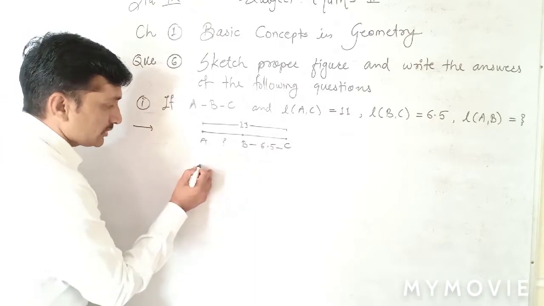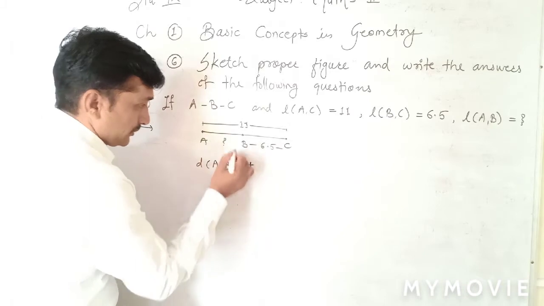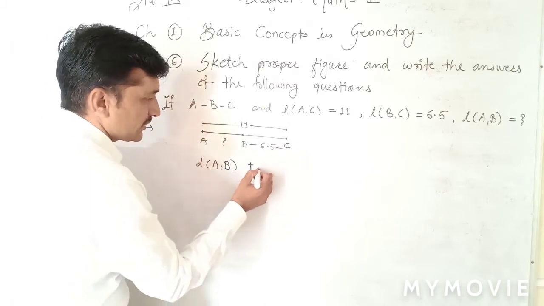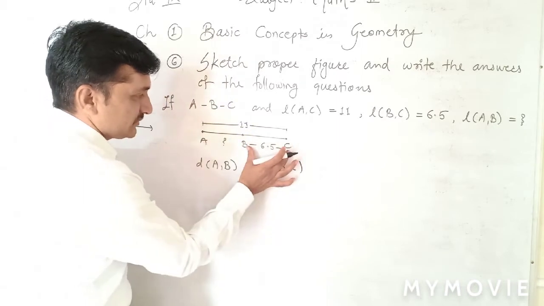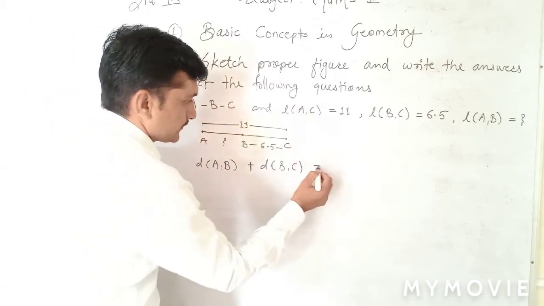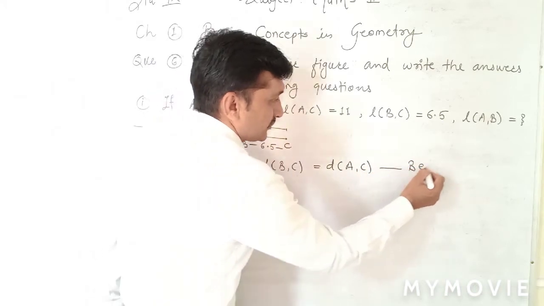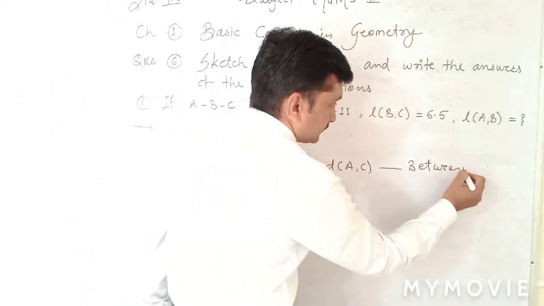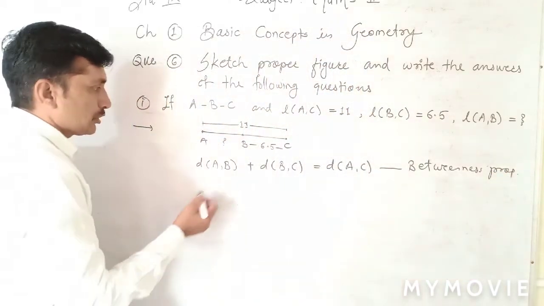By the betweenness property, segment addition, distance AB plus distance BC is equal to the total, distance AC. Now put values.